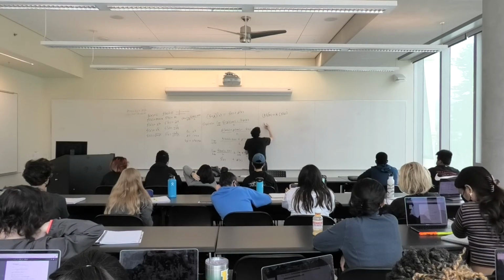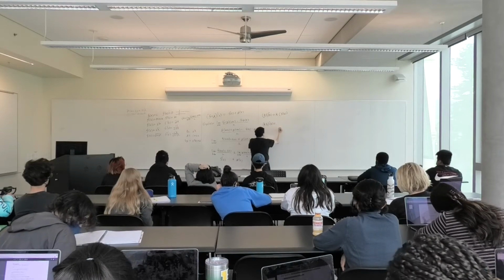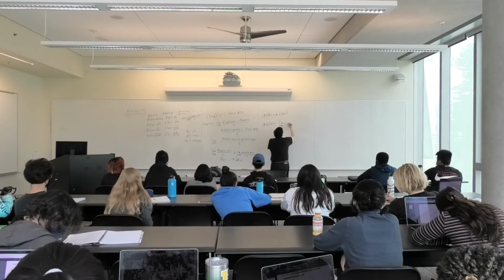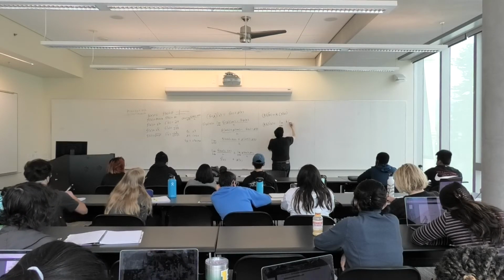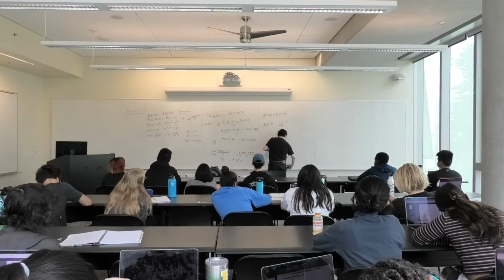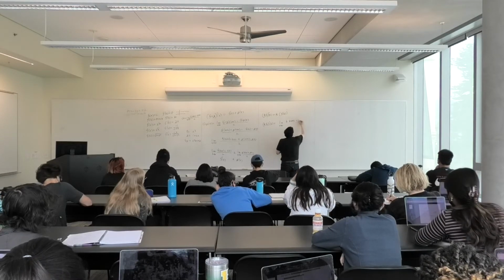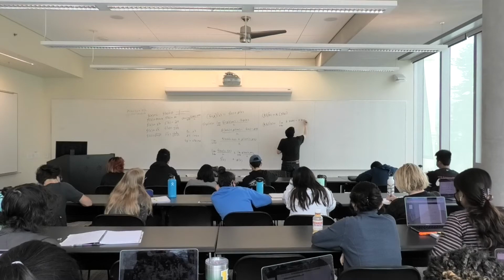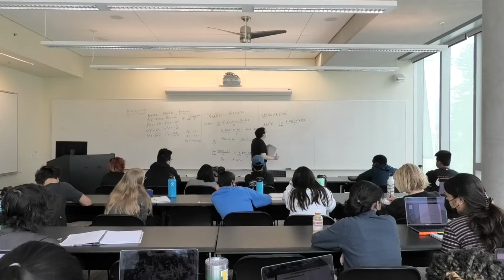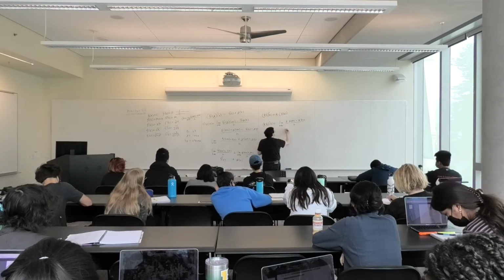K times f. Well, the derivative of k times the function is the limit as h approaches 0 of k times f of x plus h minus k times f of x, over h. Well, I can take k out of here, right?